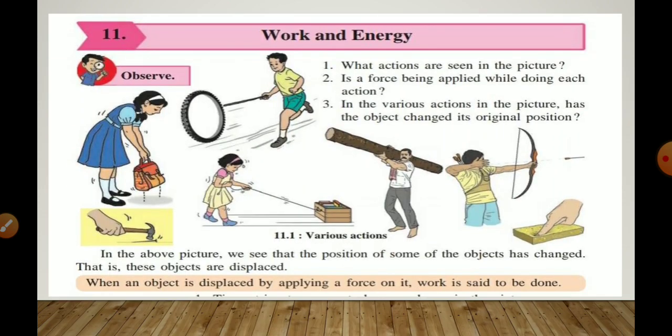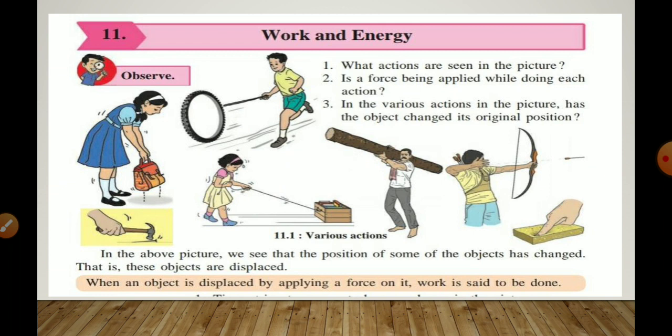See, in page number 76, some pictures are given here. Observe this picture. What are they doing? What actions are seen in the picture? Yes, you can easily find out. One boy is shooting an arrow by using a bow.